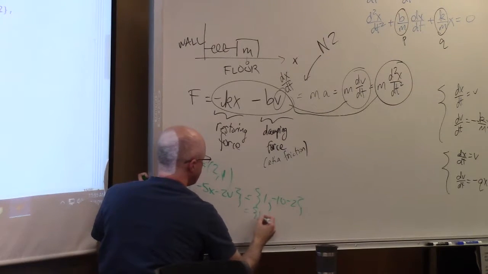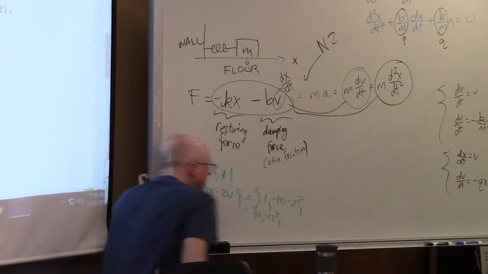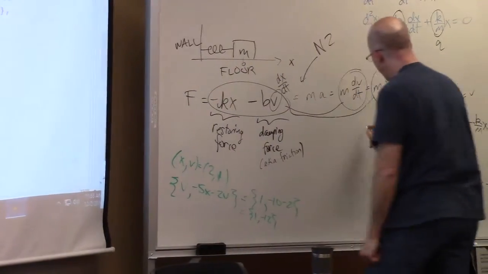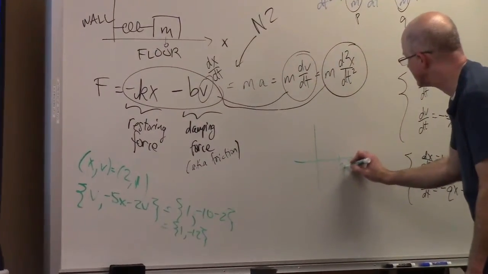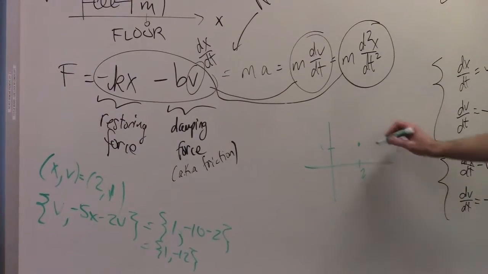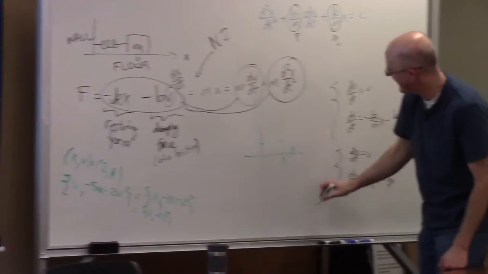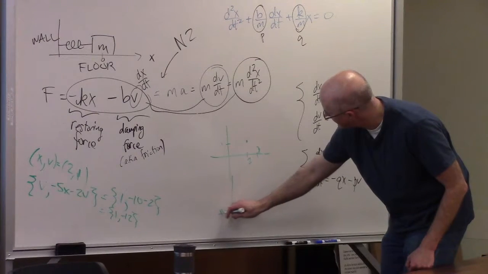You get 1, negative 12. The true vector in the true vector field at the point x is 2, v is 1, has a first component of 1 and a second component of negative 12. So you've got to go down to negative 12 here.